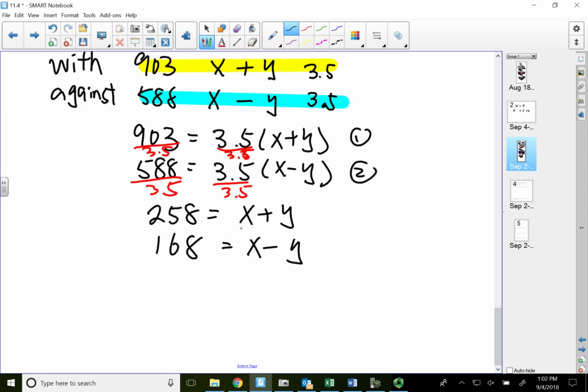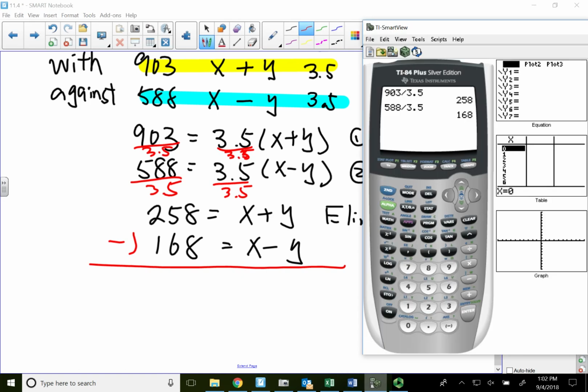Since my coefficients are already the same for x and y, I'm going to go ahead and do elimination. I'm going to eliminate x, or you can eliminate y, it doesn't matter. If I want to eliminate x, these two terms have exactly the same sign, so we will subtract. I'm going to take the top and subtract the bottom.